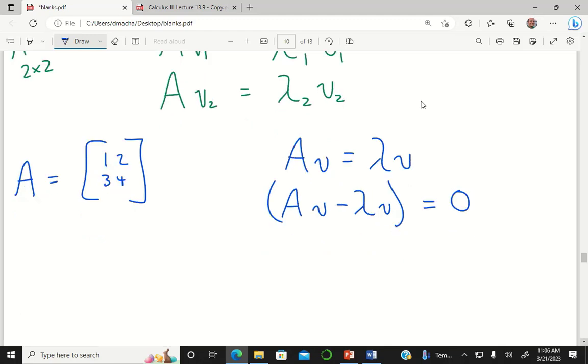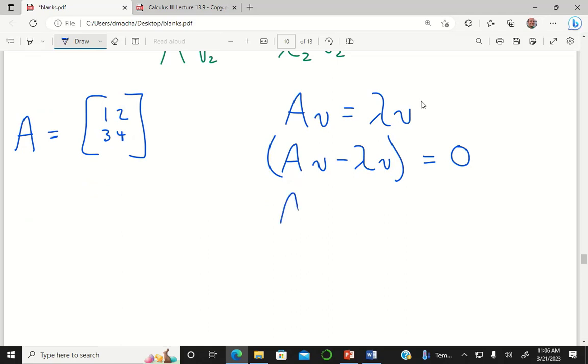I could factor out the vector nu, only it doesn't really make sense to have a matrix minus a scalar. And so if I wanted to, I could backtrack a little bit, and instead of having just nu there, I could call this I nu, where I is the identity matrix. So multiplying I times nu just gives me the vector nu. So I haven't really changed anything by doing I nu.